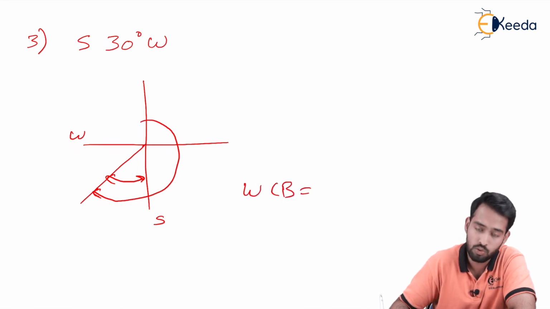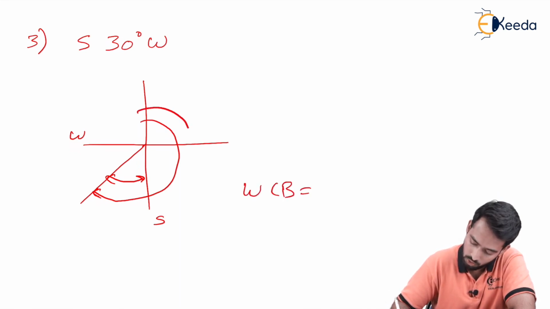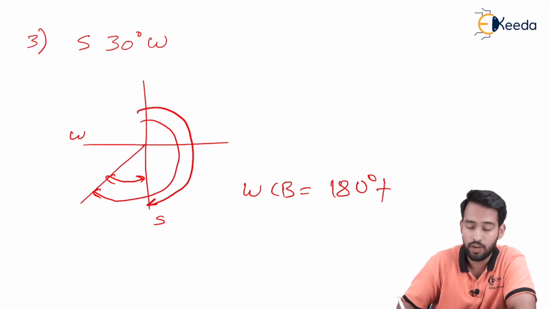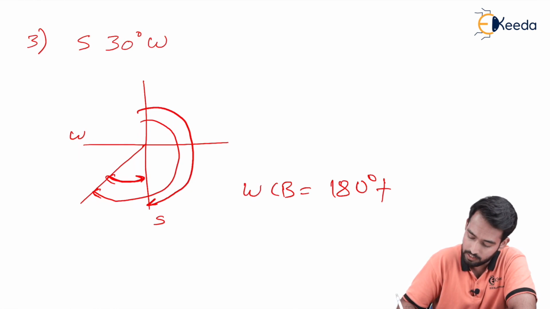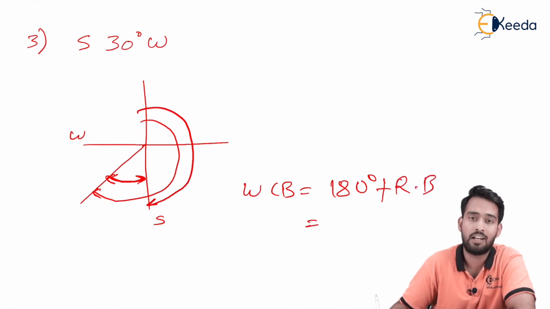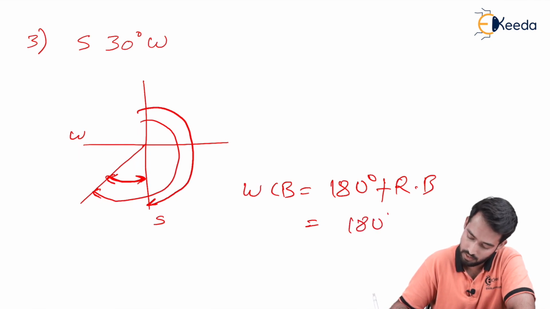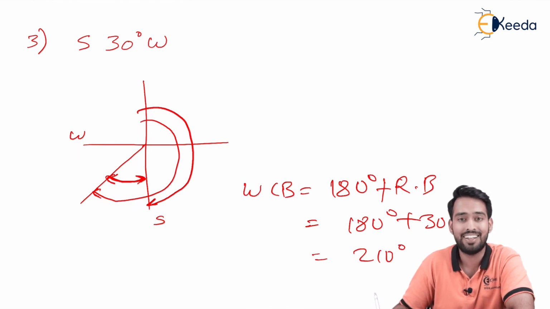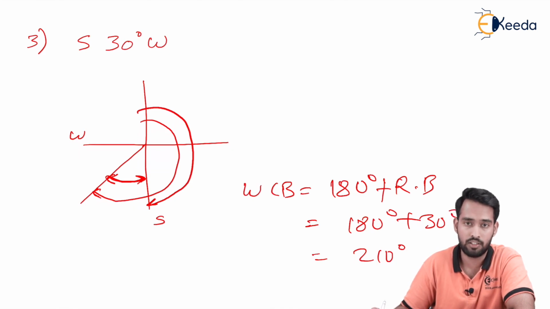WCB is equal to 180 degree plus RB, towards west. So we have to add this angle. Which gives us the total angle of 210 degree. So we have to be careful while finding out the quadrants.